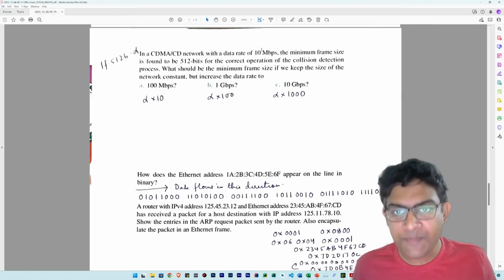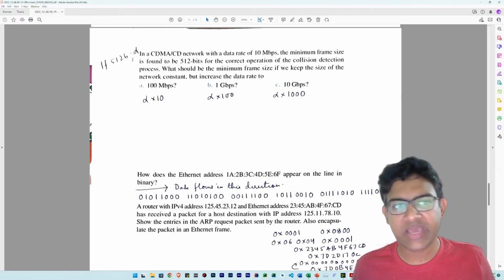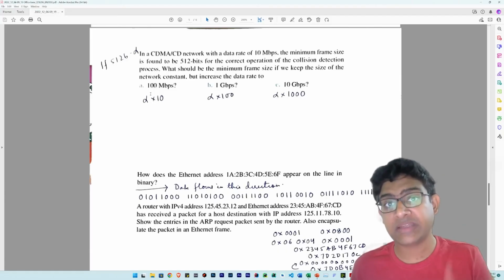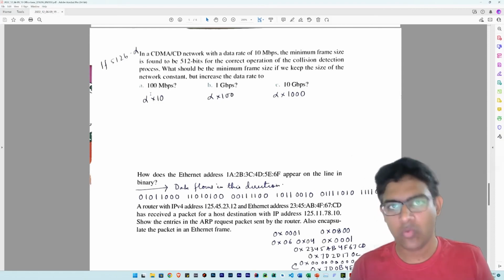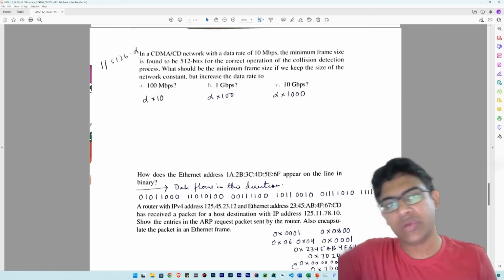So from 10 Mbps, if the bandwidth increases to 100 Mbps, and if we assume the original frame size to be alpha, which is 512 bits, now if the bandwidth has become 10 times, then the frame size should also become 10 times. Only then the frame transmission time will remain a constant and the system will still work, right? And here it has become 100 times. So we increase the frame size to be 100 times the original frame size.